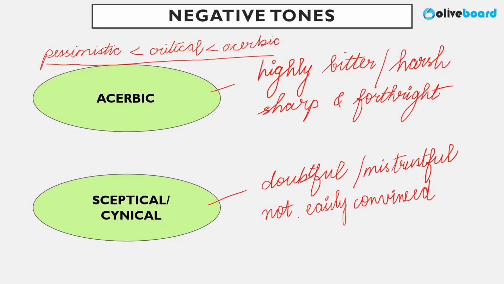tone or cynical tone. Okay, so skeptical or cynical are very similar in meaning. You will find either in the option choices. So cynical is also similar. The writer believes that people are just motivated by self-interest. And the writer shows no trust of human integrity or sincerity.